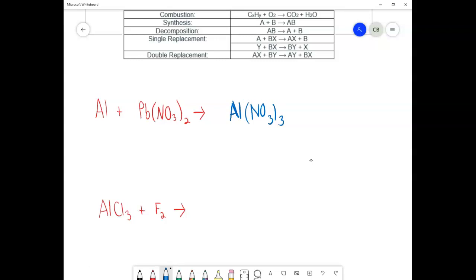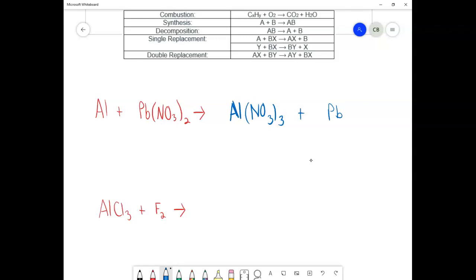That's aluminum nitrate. If the aluminum replaced the lead, now the lead is going to be by itself, just like that. And then we can go back in and balance this one. We can see that there's 1 Al on the left, 1 Al on the right, 1 Pb on the left, 1 Pb on the right. Now we need to go ahead and balance our NO3s.